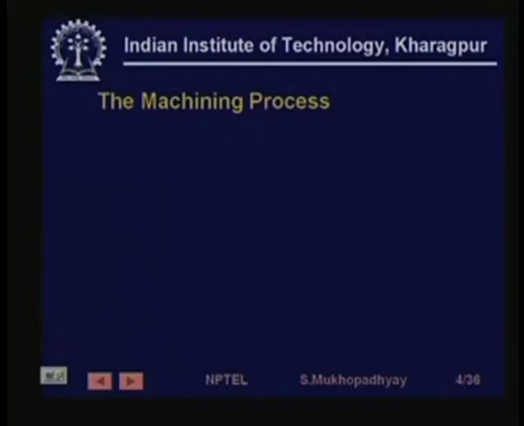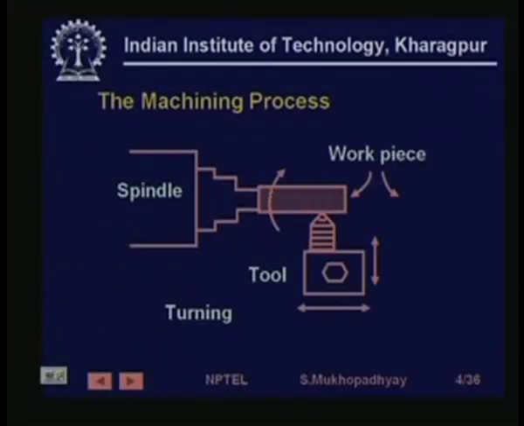So, essentially it is metal removal by a tool which is made of very hard metal, things like carbide, diamond, etc. So essentially we have to produce relative motion of the job and the tool.